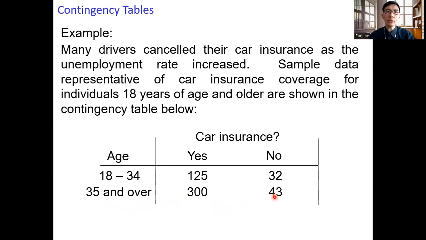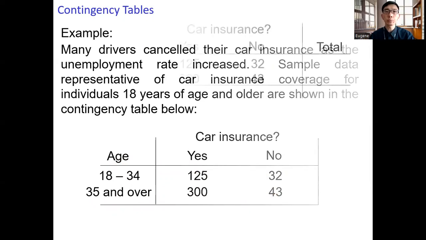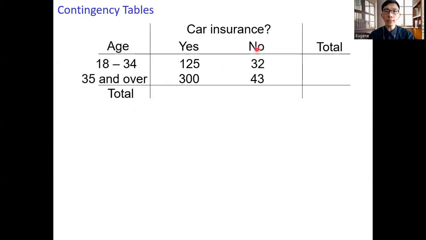The next step in dealing with contingency table is to get the total. We need to calculate the row total as well as the column total, including the total sample size here. For the drivers aged between 18 and 34, we have 125 drivers purchase car insurance and 32 do not.